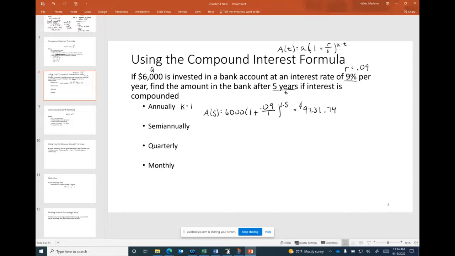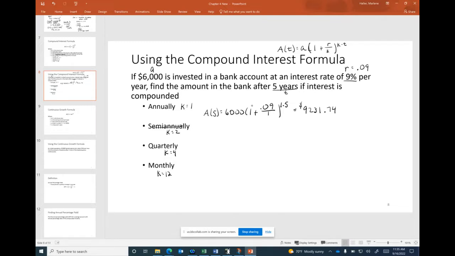What do you think? Let's skip semi-annual. You don't see that very often. It doesn't add any value. What do you think would happen if we started compounding this quarterly or monthly? For semi-annual compounding, our K would be 2. For quarterly, our K would be 4. Let's do monthly. For monthly compounding, our K is going to be 12.